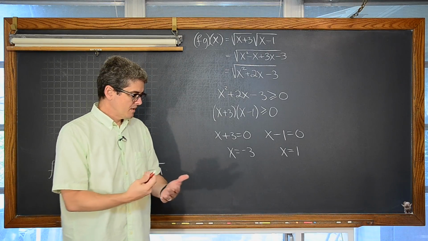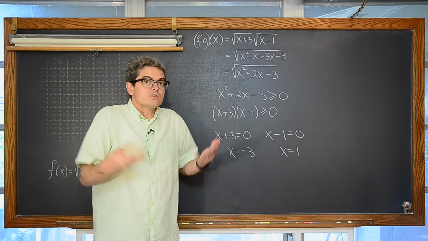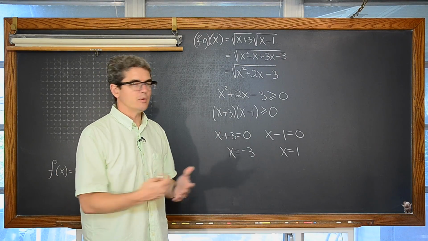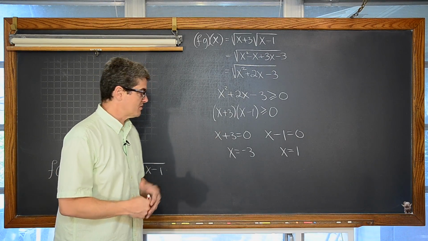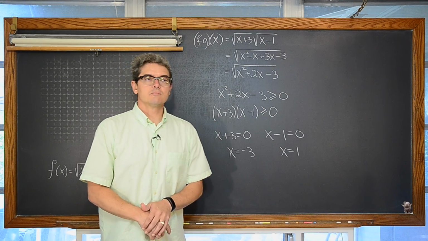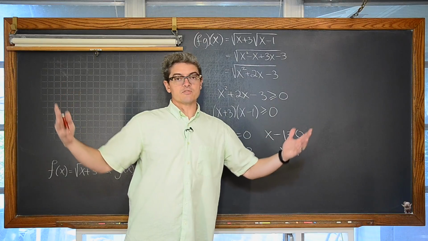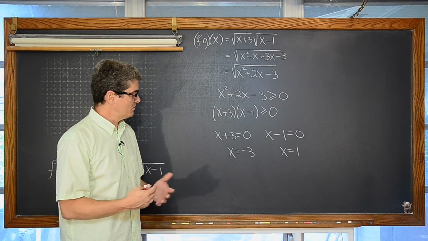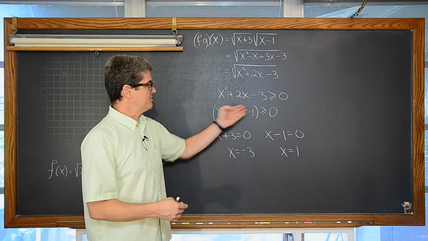Because the solutions to equations normally have only a limited number, maybe one or two, they can have more or no solutions. Whereas with inequalities, there's basically an infinite number of solutions for almost all of these problems. So this is not the solution to this inequality.